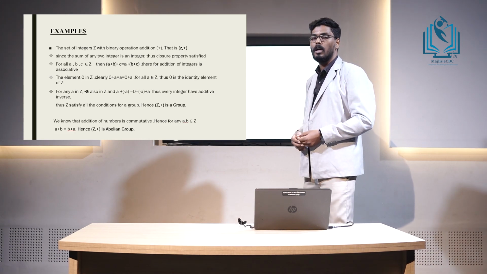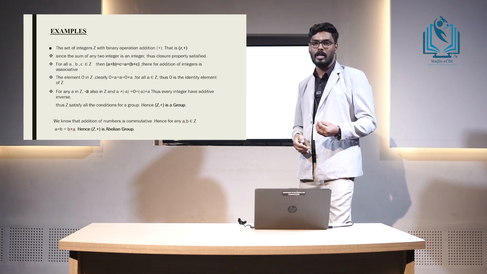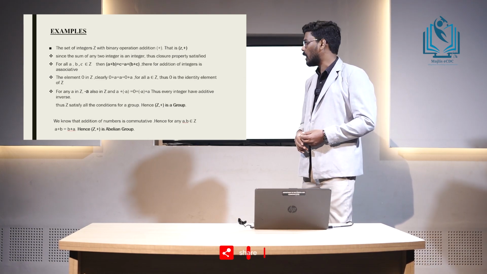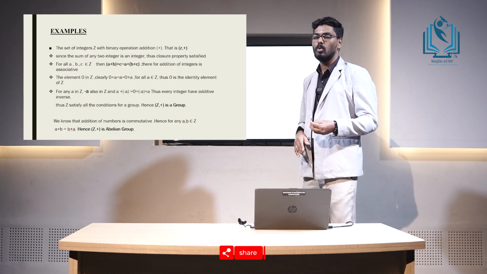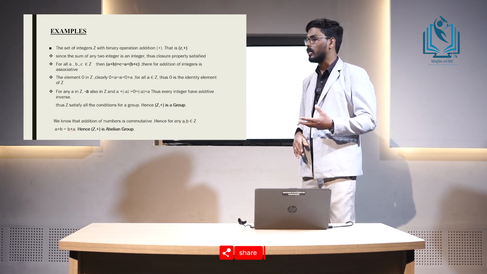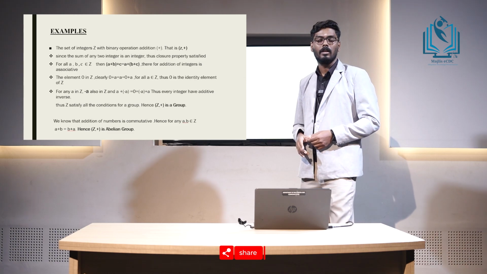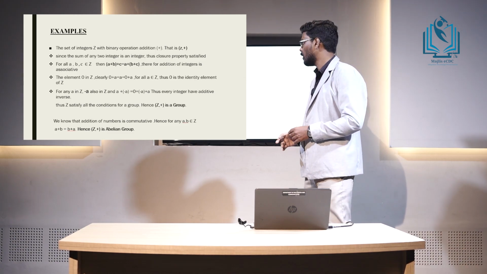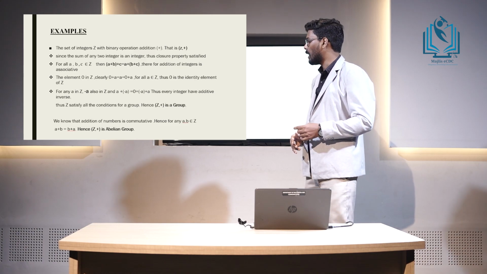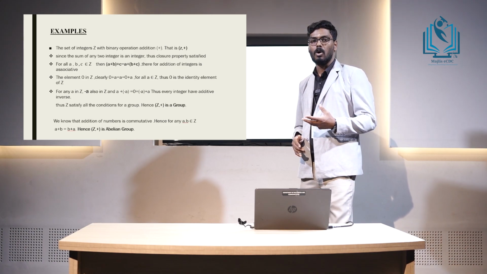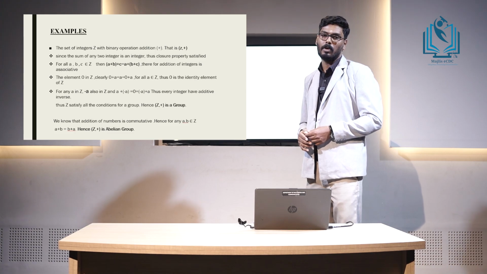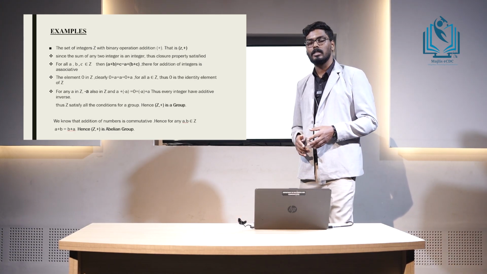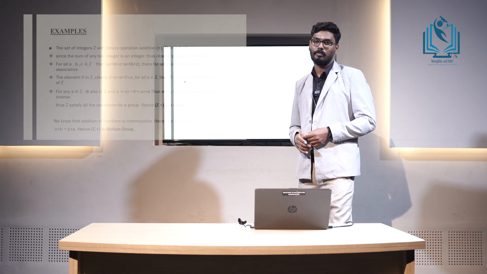For example, I am considering the element 2, which is a natural number, and 5, which is also a natural number, and I am doing the operation 2 minus 5. What am I getting? I am getting minus 3, which does not belong to N. It is not a natural number. We all know that. Therefore, N is not satisfying the closure property. Therefore, N along with the binary operation minus is not a group.